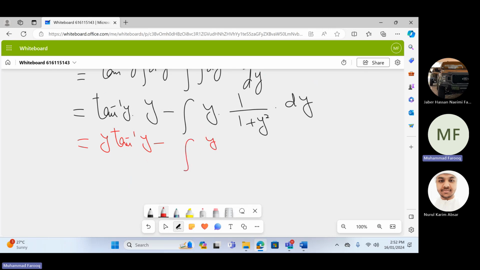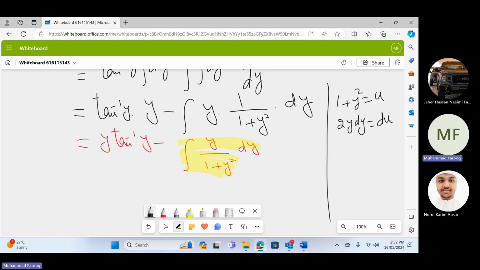Now rewrite this one: I have y divided by 1 plus y squared, dy. Please integrate this one. Be careful with the substitution: let 1 plus y squared be u, so 2y dy is equal to du.